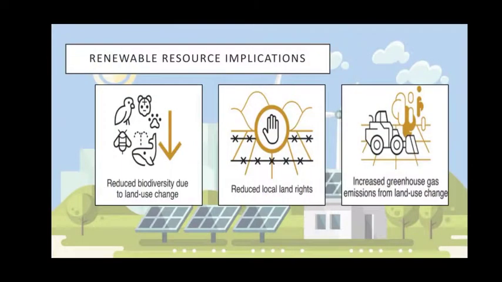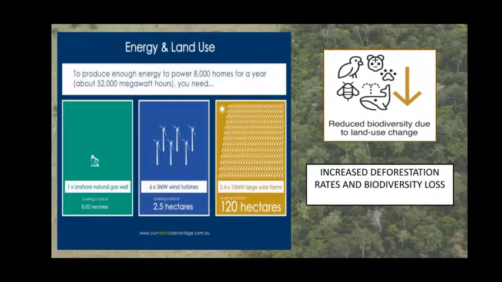Expanding renewables can also cause problems, especially if poorly planned, and these are the following examples of renewable resource implications. Renewable resources typically demand a large amount of land, and that demand can result in increased deforestation rates, resulting in reduced biodiversity due to land use.